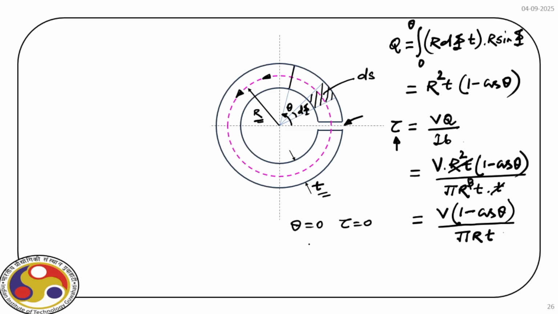So for theta equal to 0, tau is equal to 0. Now, when theta equal to 90 degree, that means we are here, then tau is V by pi r t, right?